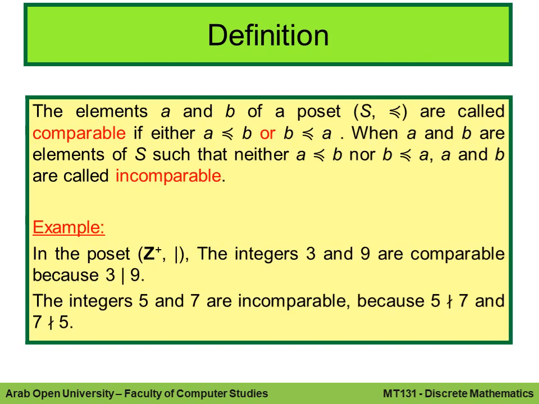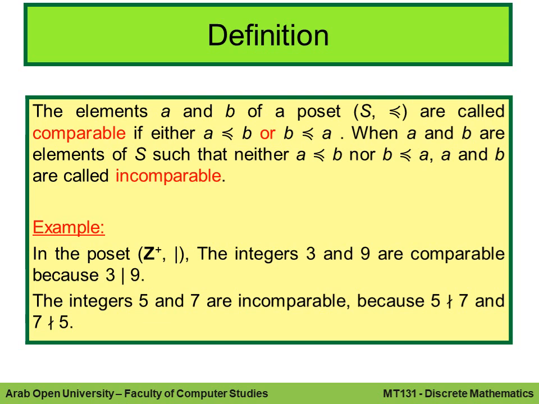We have more definitions. Here we are using what looks like the relation less than or equal, but this can be used for any relation. If A and B are elements of a poset, a poset is a set with a partial order, here we're using what looks like less than or equal, but as I said, you could use any partial order.